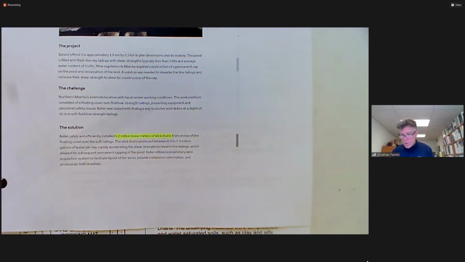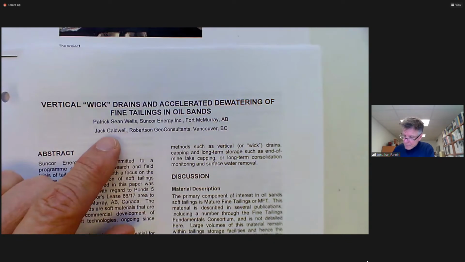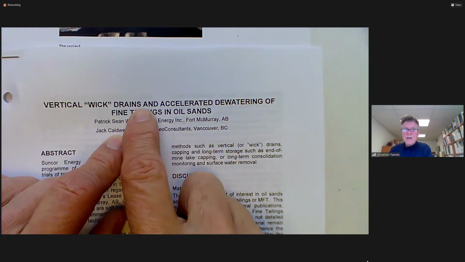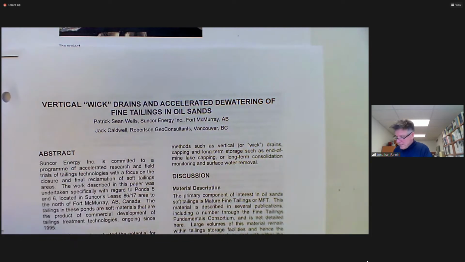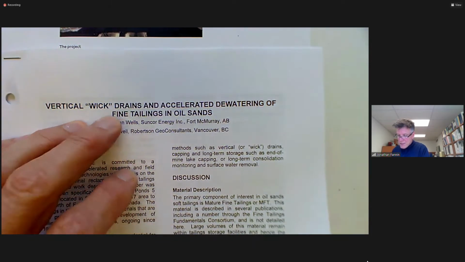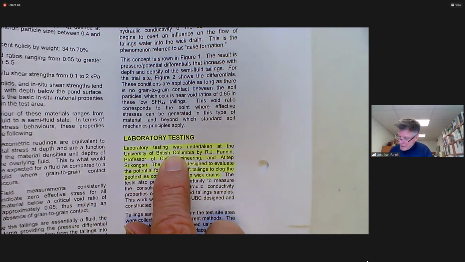And I remember chatting at the time of seeking bids on the work, and there was a nice write-up. Sean Wells at Suncor and Jack Caldwell with Robertson Geoconsultants wrote up a nice little piece, for those of you that are interested, on vertical wick drains acceleration. They spoke to the lab testing that we did at UBC.